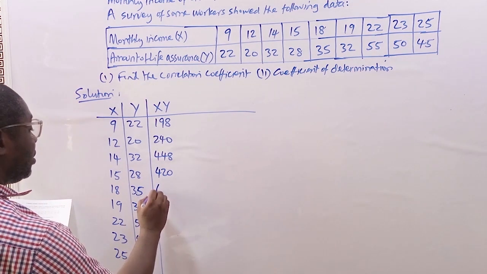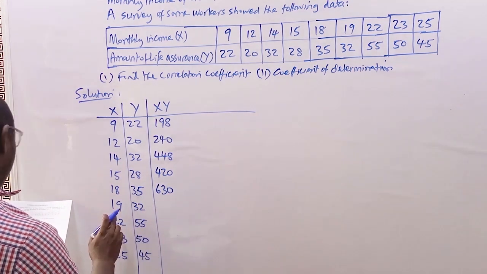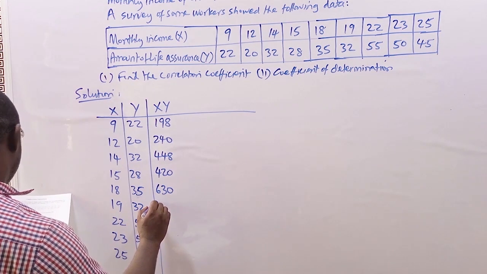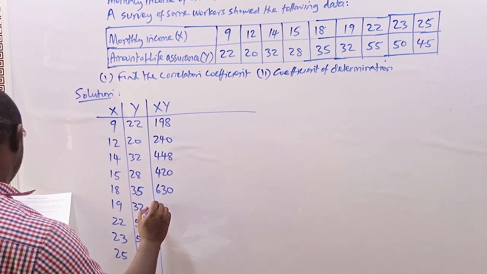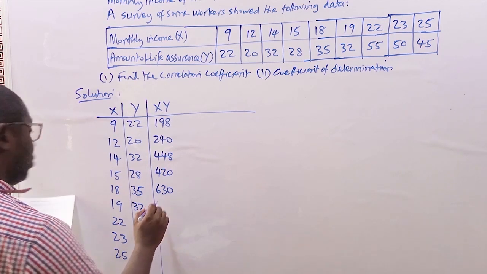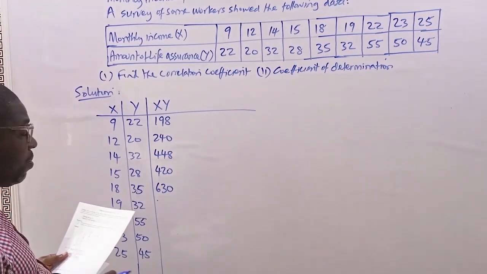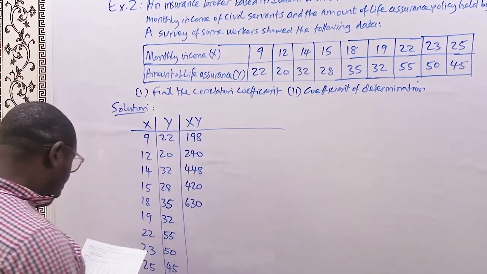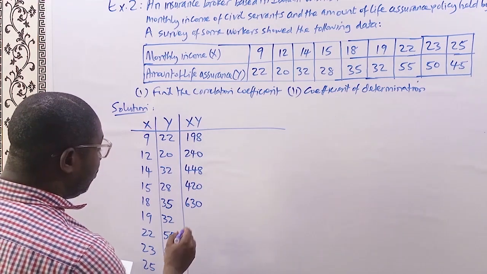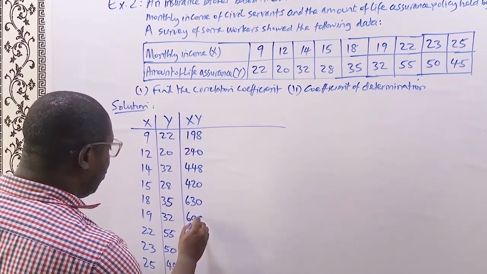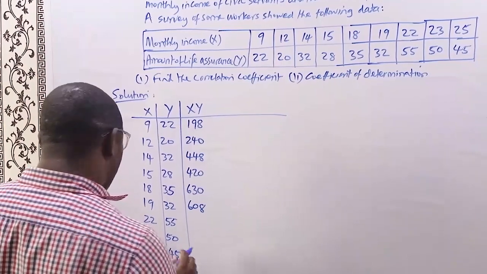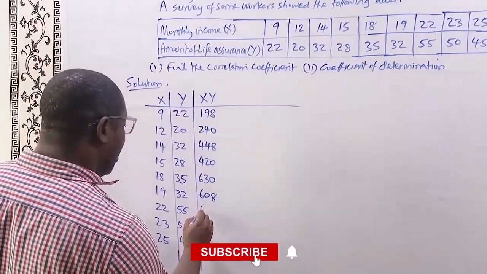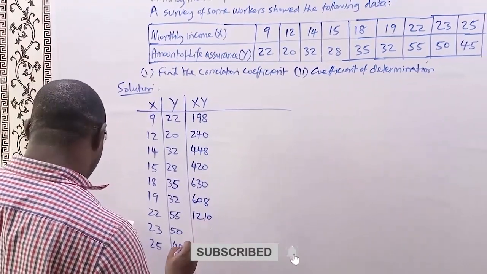The next one will give us 630. 19 times 32 will give us 608. 22 times 55 will give us 1210.